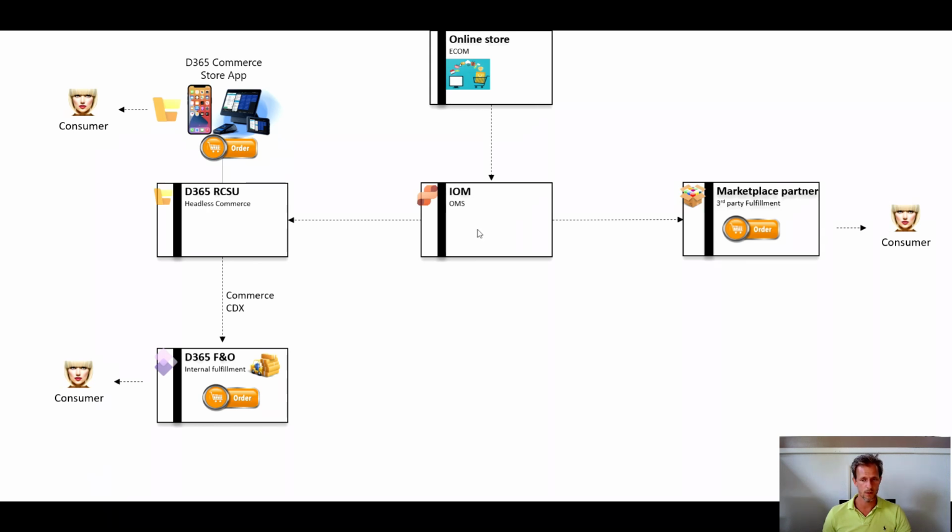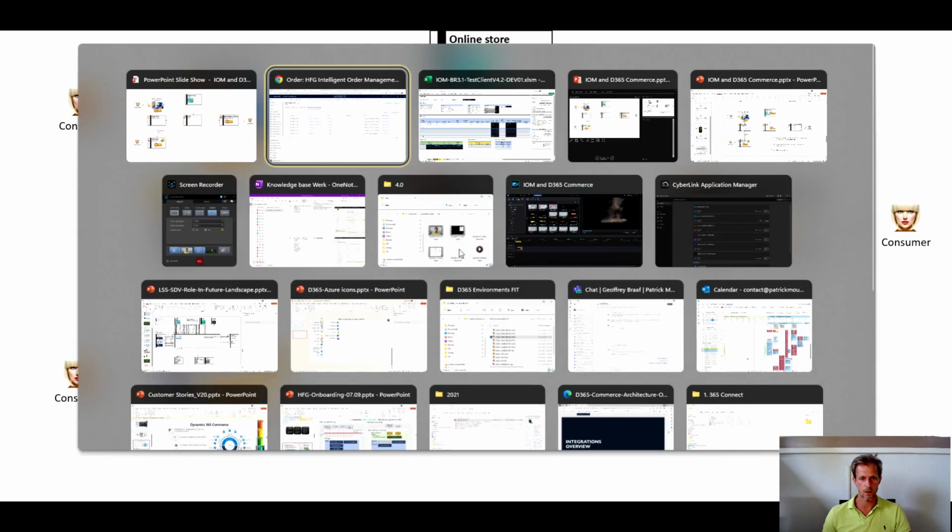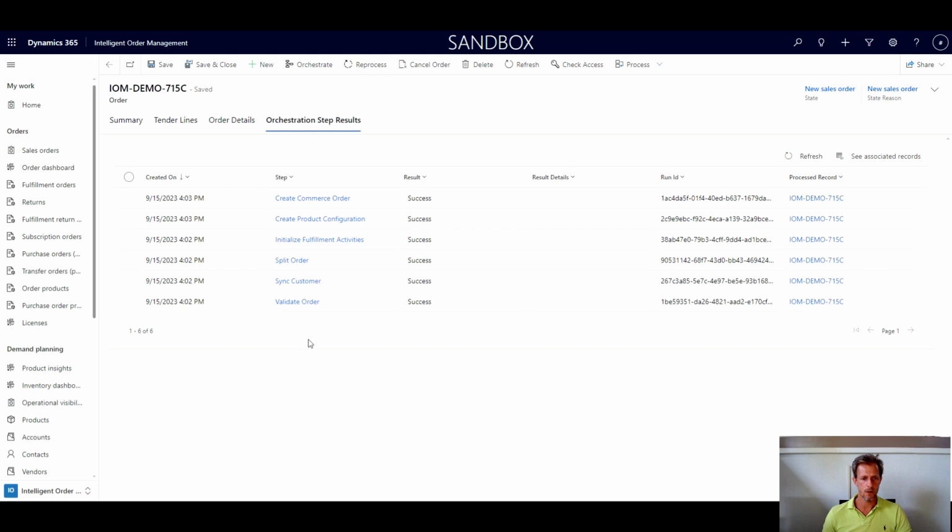And when that happens, the next orchestration step is triggered. And that next orchestration step is actually, and I will flip back to IOM to show it, that is actually to create the purchase order.